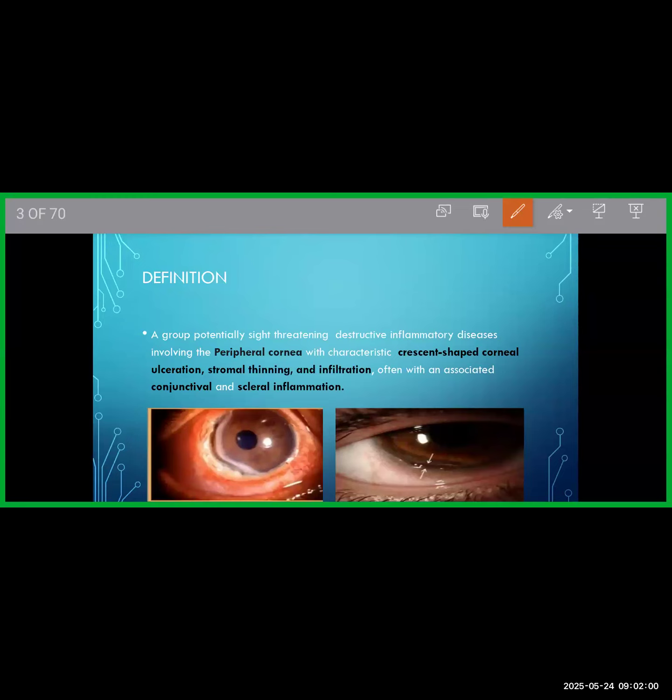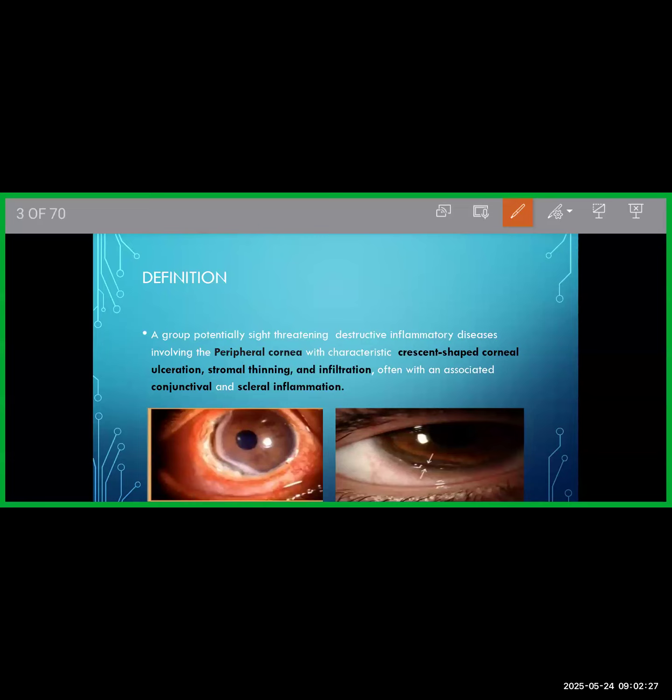As a way of introduction and definition, peripheral ulcerative keratitis are a group of potentially sight-threatening destructive inflammatory diseases involving the peripheral cornea with characteristic crescent-shaped corneal ulceration, stromal thinning, and infiltration, often with an associated conjunctival and scleral inflammation.